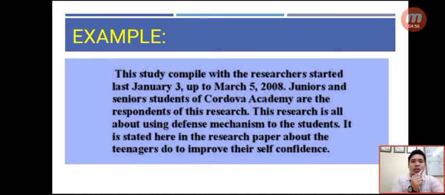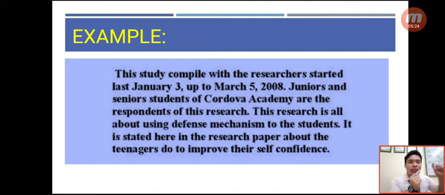So, ang ilalagay nyo dun sa atin is August 24, 2019 up to May or April in the present. Junior and senior students of Cordova Academy. Nakalagay doon kung sino yung inyong isa-survey o sino yung magsasagot ng survey. Next, the research is about defense mechanism to the students.